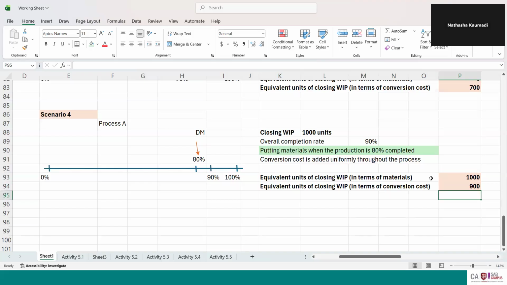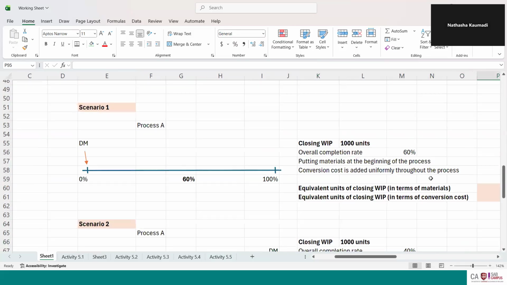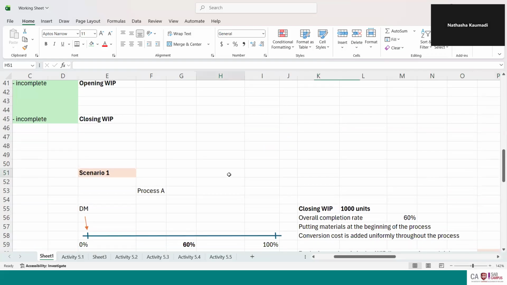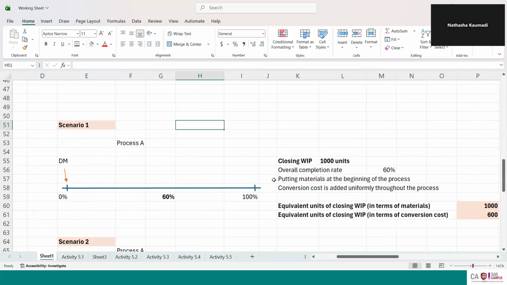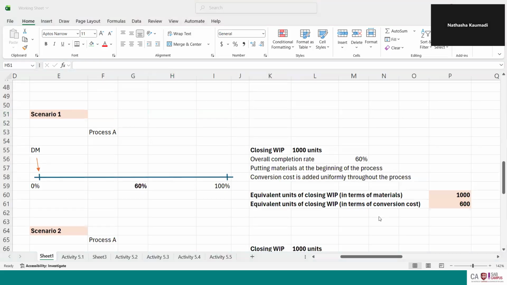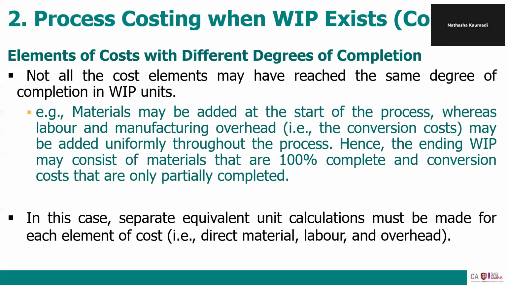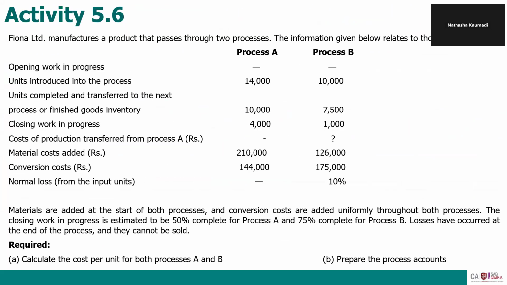So this is how, likewise, you can calculate different degrees. When you have different degrees of completion, this is how, scenario-wise, for materials and for conversion cost, you calculate the equivalent units separately. Right. I'm not going to discuss this activity today.